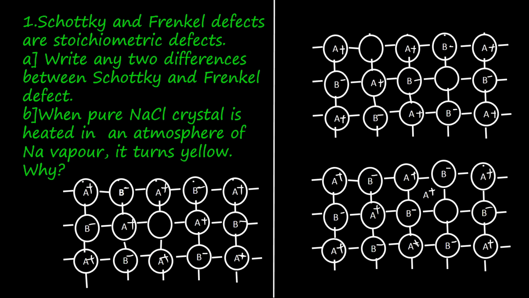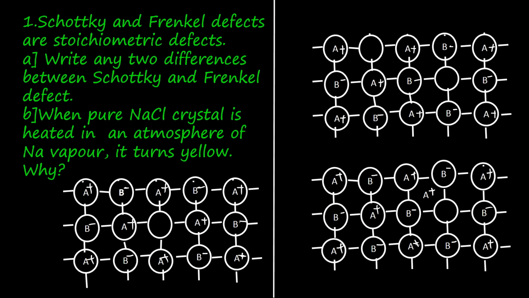Crystalline solids have the particles arranged in a very ordered manner, but in most cases in reality, when crystals are formed, this ordered arrangement of particles becomes impossible due to several reasons. This is what is called imperfections in crystals or crystal defects. Three types of crystal defects are observed: stoichiometric defect, non-stoichiometric defect and impurity defect.